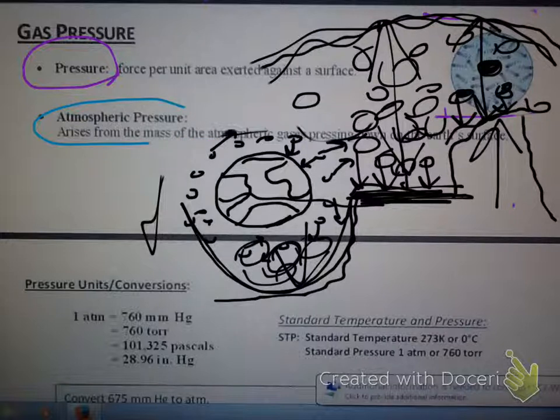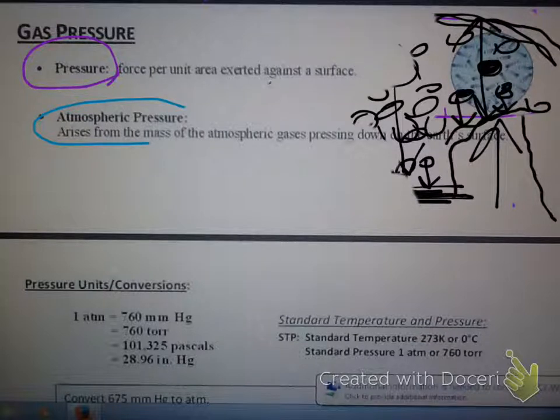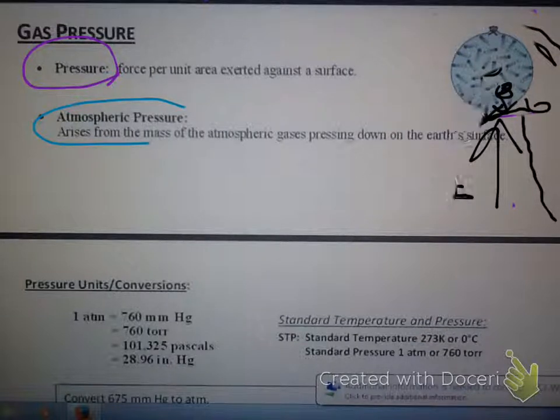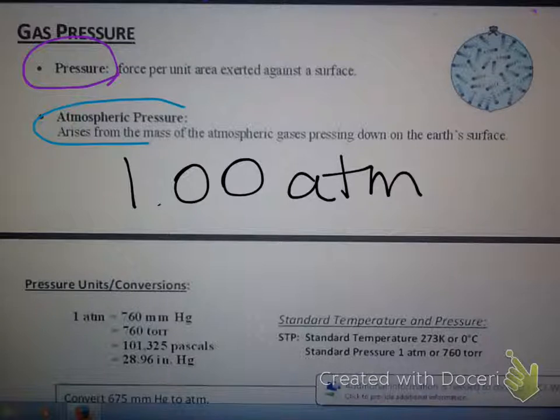You've probably heard the term "at sea level" before, and that sea level is where we measure the general atmospheric pressure. And at sea level, if we talk in units of atmospheres, the atmospheric pressure is generally about 1 atmosphere, ATM being a unit of pressure. Is this the only unit of pressure we have?